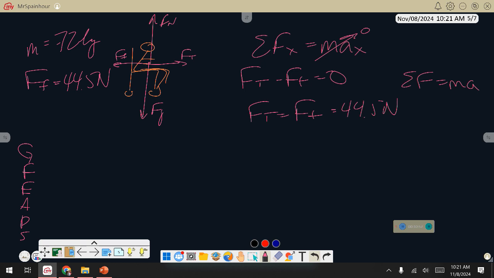Is force normal going to change? Nope. So I've got to push up the same amount. Here's an interesting one. Is friction going to be different? Not really. The pull of the ground back on him might change a little bit, but noticeably it's about the same. So the friction that we calculated in the last problem, we're going to assume is the exact same friction in this particular case.